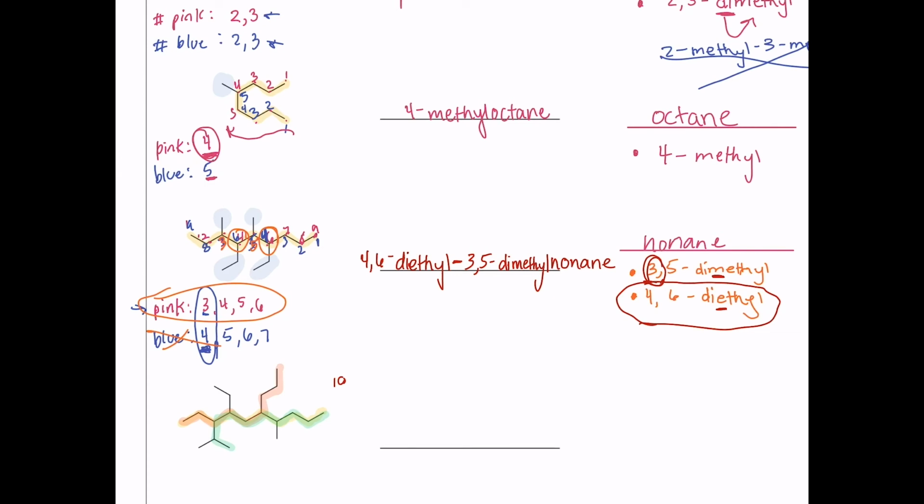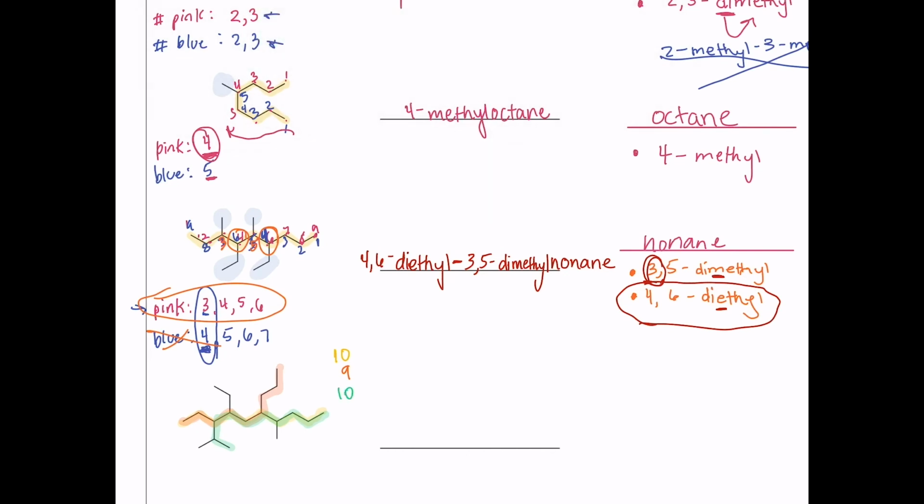So, interesting. We've got yellow, orange, and green highlighter. Of course, you can't see the yellow anymore, but let's color code these. The yellow highlighter had 10 carbons in it, the orange highlighter had 9, and the green also had 10.